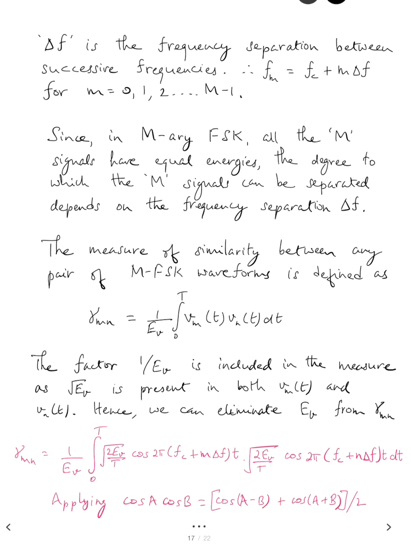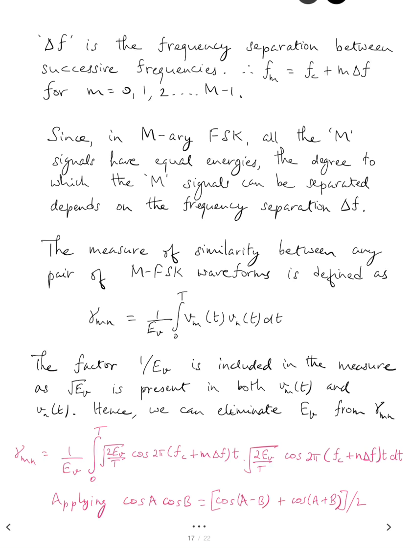So to do that, we need to calculate the measure of similarity between any two bandpass FSK waveforms. If we call one particular waveform Vm of t and another one Vn of t, we want to find the inner product between them, and we want to make that inner product 0, so that the two signals will become orthogonal to each other.